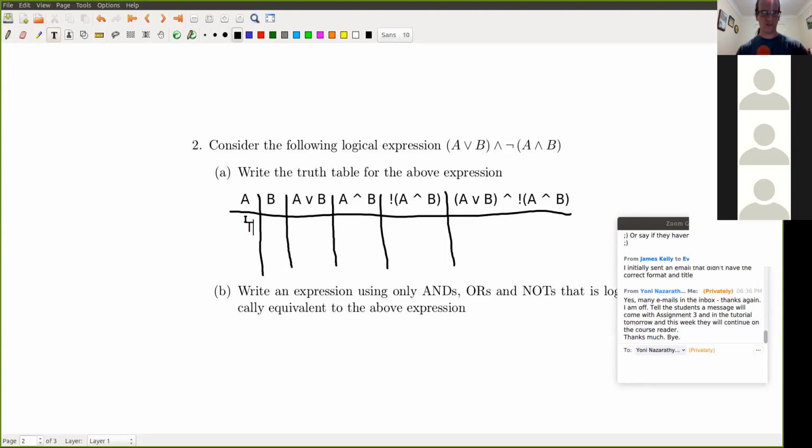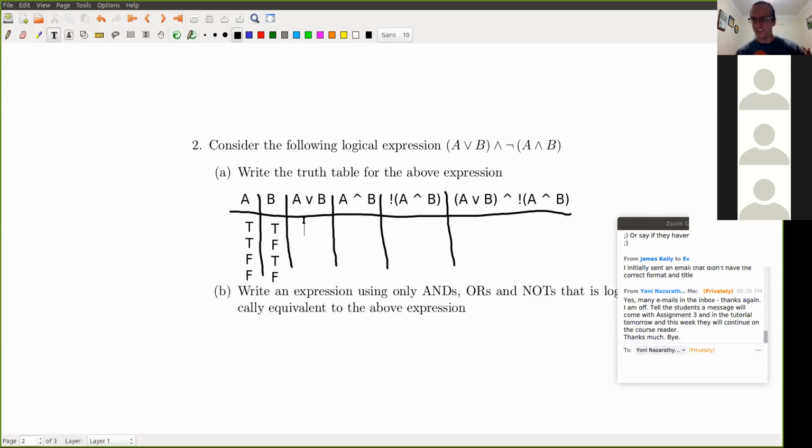So we're going to go true, true, false, false. And then true, false, true, false. So we've covered every combination for A and B. So or should be pretty simple. Let's try and get this all on one line.